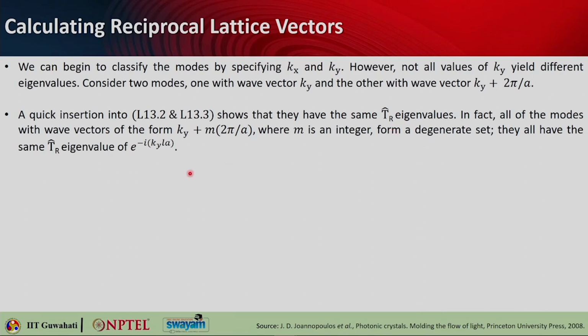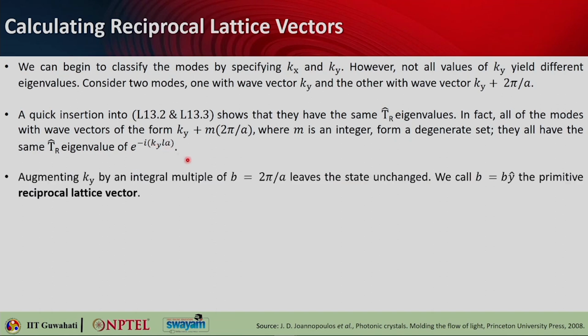In fact, all of the modes with wave vectors of the form ky plus m 2 pi by a, where m is an integer, will form a degenerate set, and they all will have the same T_R eigenvalue of e to the power minus i ky l a. So, it means all these cases will actually have the same eigenvalues. Now, this was done for ky, so augmenting ky by an integral multiple of b.